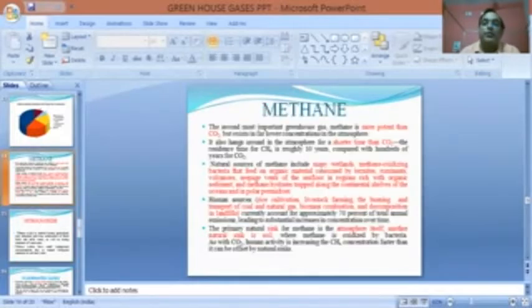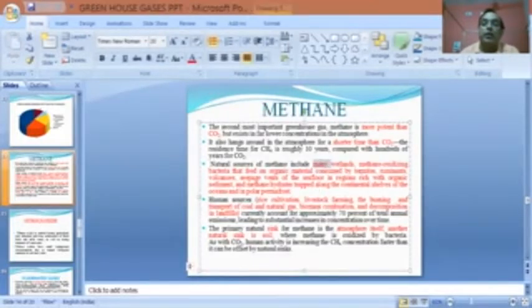From where do we get methane? Wetlands, methane oxidizing bacteria, termites, ruminants, volcanoes, sea floor. These are the natural contributors of methane.